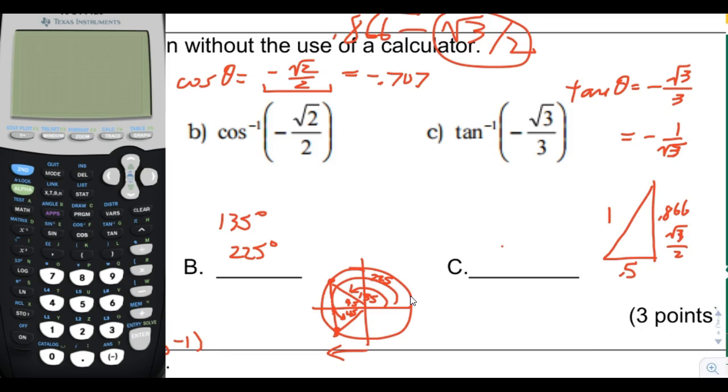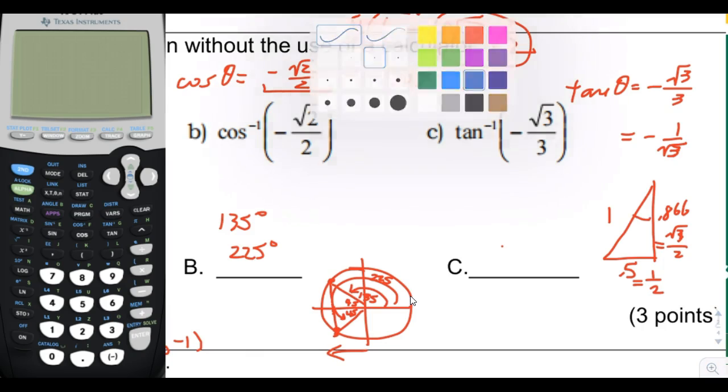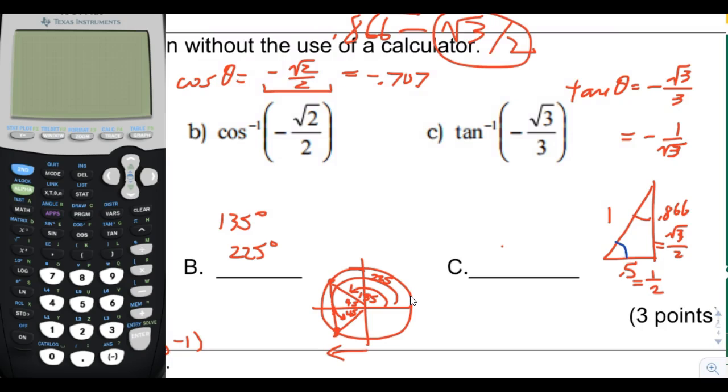And 0.5 is also known as a half to some people, right? Now what I'm going to do is figure out the tangent of the 30-degree angle, which is the red one, and the tangent of the blue angle, which is the 60-degree angle.